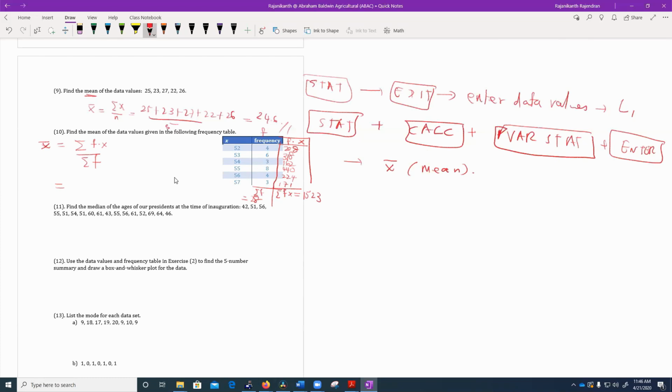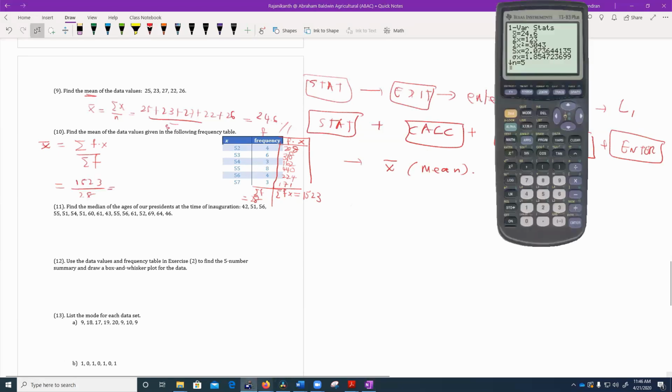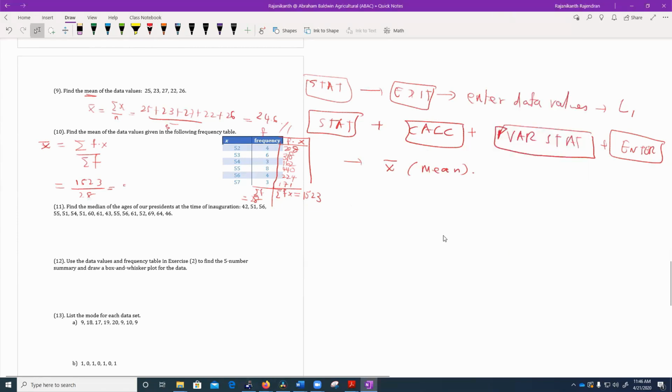Should be correct, right? Yes, it is. So I got two numbers to plug in. The summation fx is 1523 over the summation f, which is 28. So that says 54.4. Okay, so that is my mean.